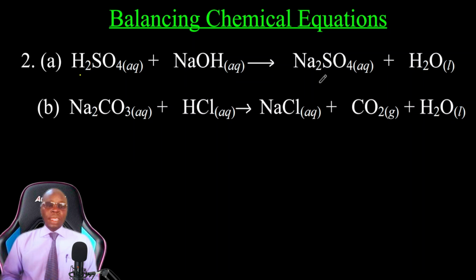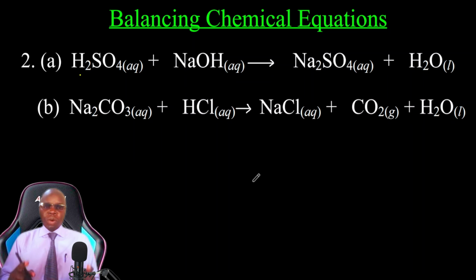So with all this said, the first thing we need to do here is to identify all the elements on both sides, the reactant side and the product side. After finding all those elements, the second thing is to identify the number of atoms, because balancing of equations is always determined by the number of atoms of each of the elements in those compounds that reacted together to produce the products.